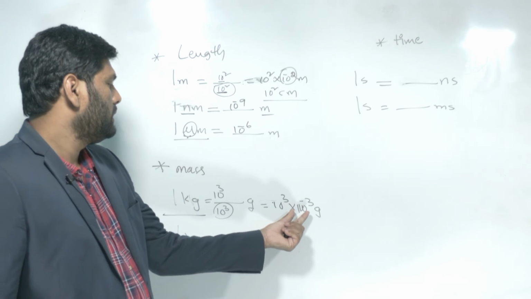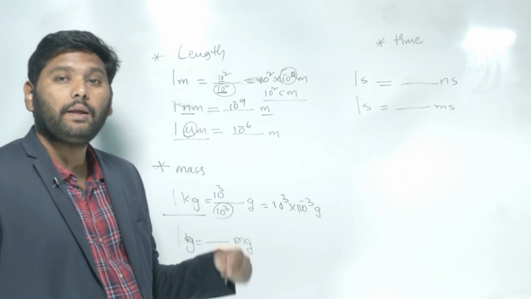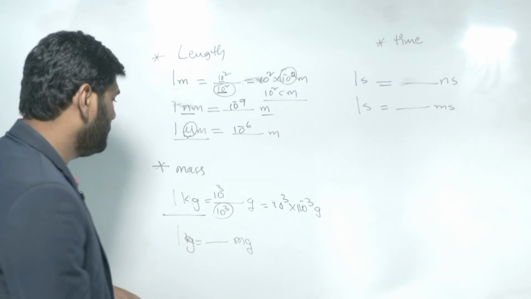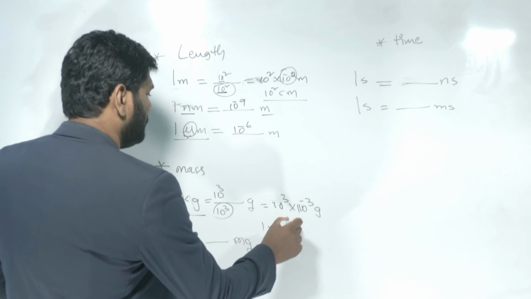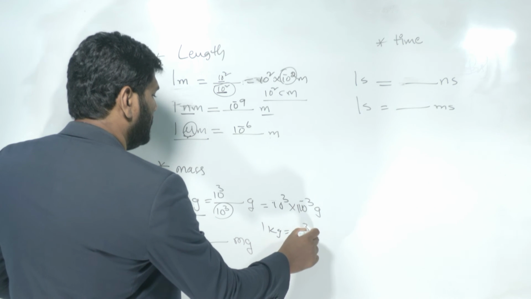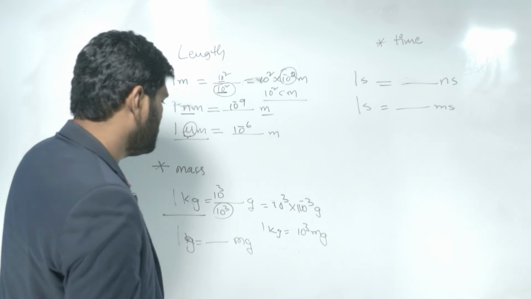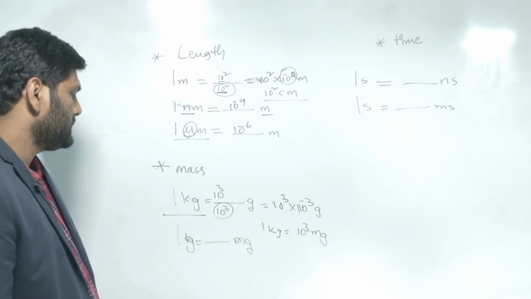But here this 10 power minus 3 I can express as milli. So 1 kg is equal to 10 power 3 milligrams. So this is the way we can express.